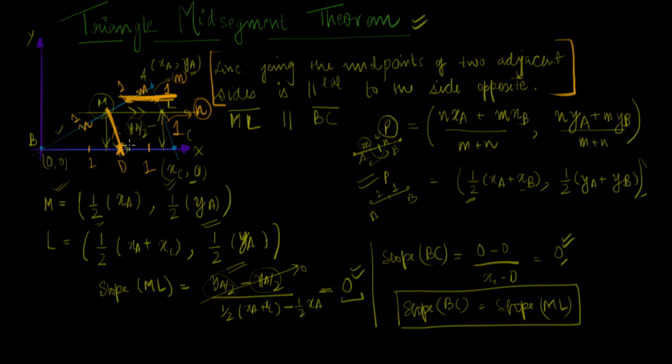And the same thing goes for this line as well, which turns out to be parallel to the side we did not consider. That means AB in this case, and for this case, it's AC. So that's basically reiterating the triangle mid-segment theorem. And all we had to do to prove that was equate the slopes and find the position of the midpoints. Cartesian geometry makes the entire thing quite simple.